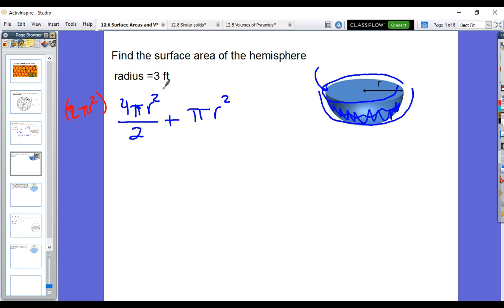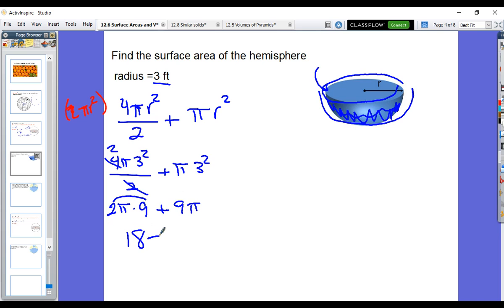The radius is 3, so let's plug that in. It'll be 4 pi 3 squared over 2, plus pi 3 squared. Let's reduce that. The 4 and 2 reduce to a 2. This gives us 2 times pi times 9, plus 9 pi. We multiply, and we get 18 pi plus 9 pi.